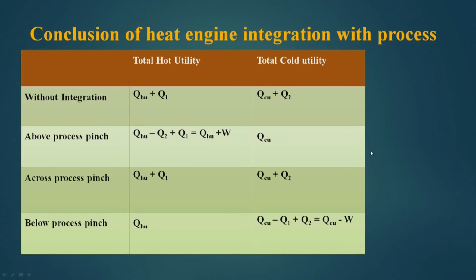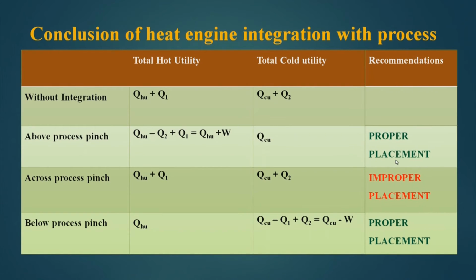So, now the final conclusion is that if I am putting it above the pinch, it is a proper placement, though it is not benefiting me very much, but it is decreasing the amount because Q1 will be more than W. Below the pinch, it is proper placement because it is decreasing the cold utility by W amount, but if I am putting it across the pinch, this is an improper placement.